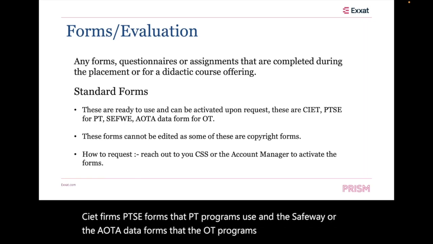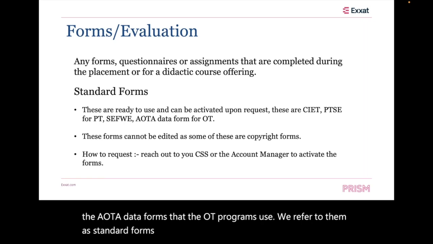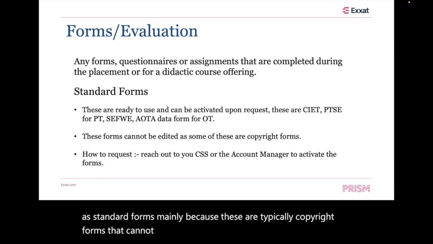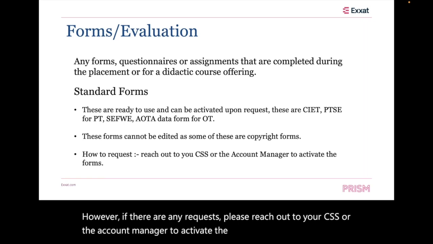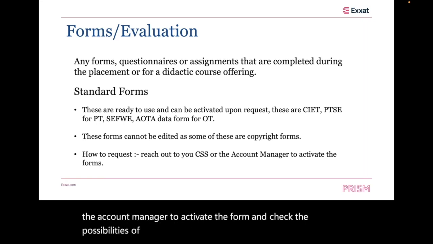We refer to them as standard forms mainly because these are typically copyright forms that cannot be edited. However, if there are any requests, please reach out to your CSS or the account manager to activate the form and check the possibilities of how you can change anything if required.